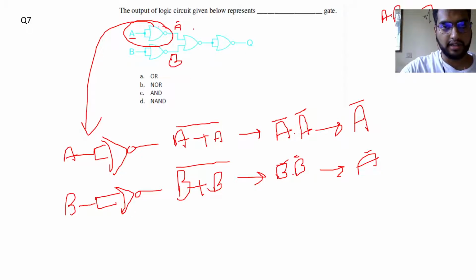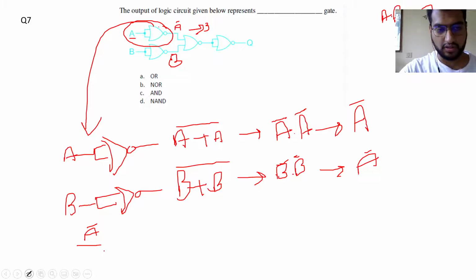Now taking this gate, marked as NOR gate 3 here. We have the inputs as A complement. I may sometimes refer to this A complement as A dash or A bar, or simply A complement. So mind these notations. And the other input is B dash.